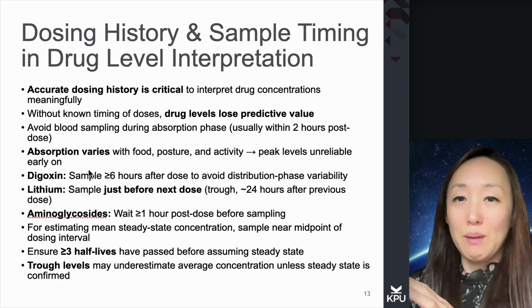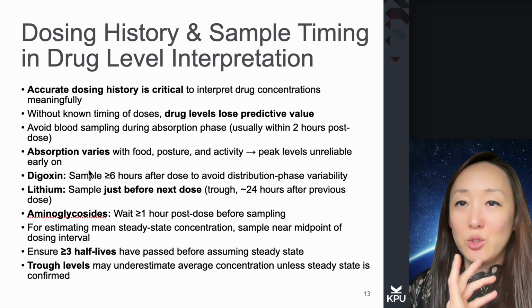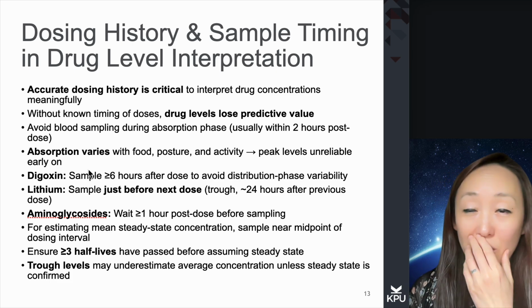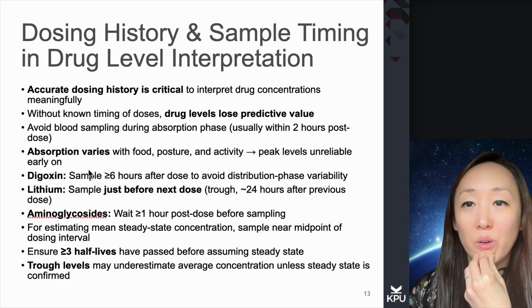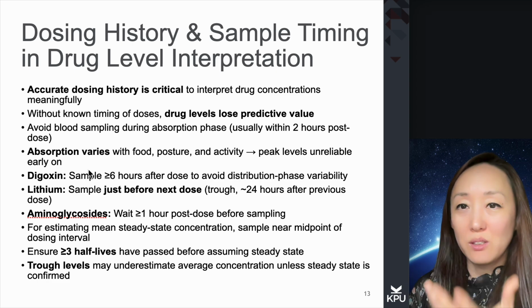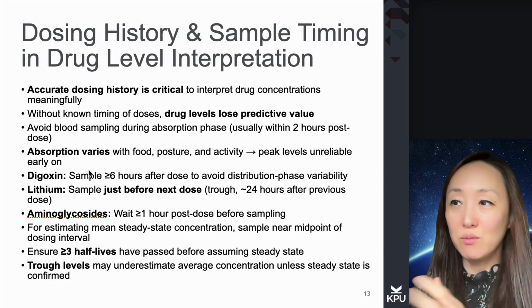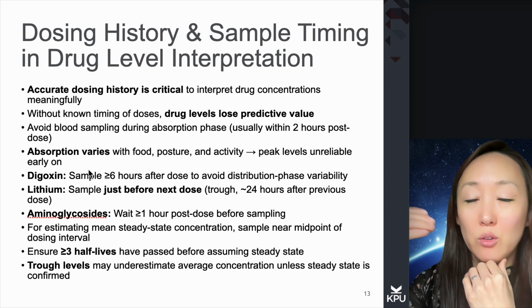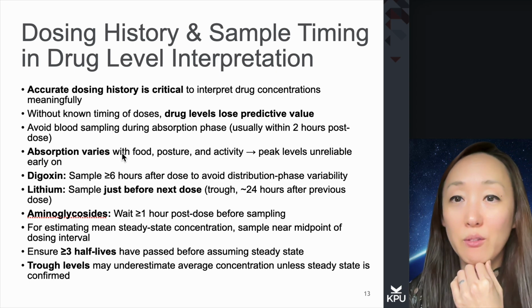And of course, timing matters. A blood sample that's taken during drug absorption will give us a highly variable and really unreliable value, because the drug absorption is taking place right now. It hasn't fully got to the delivered level.